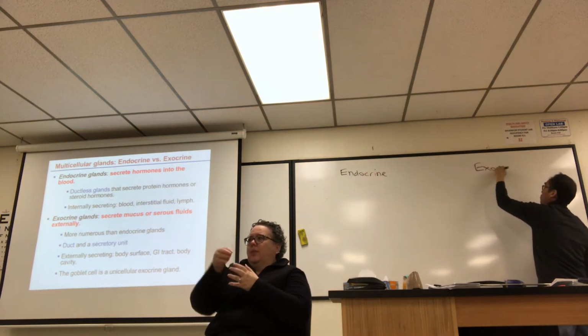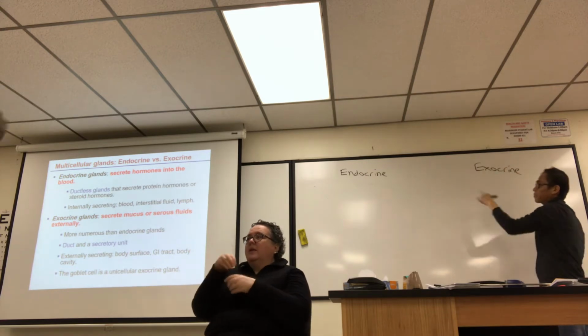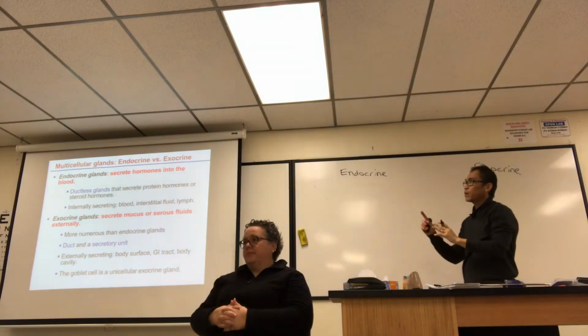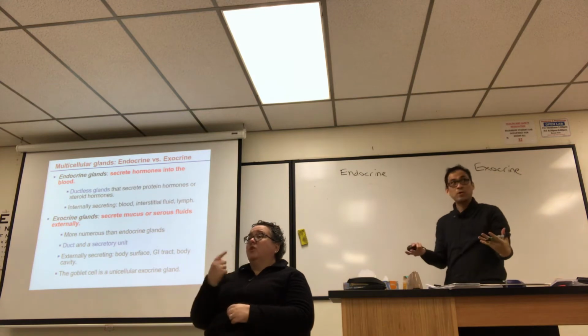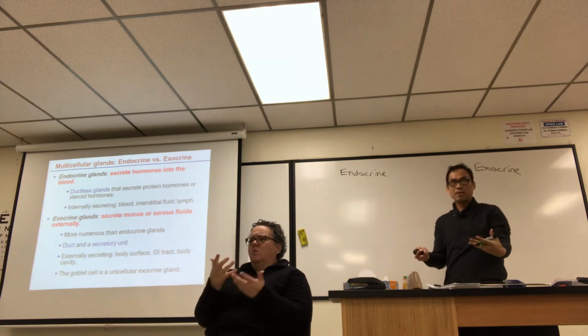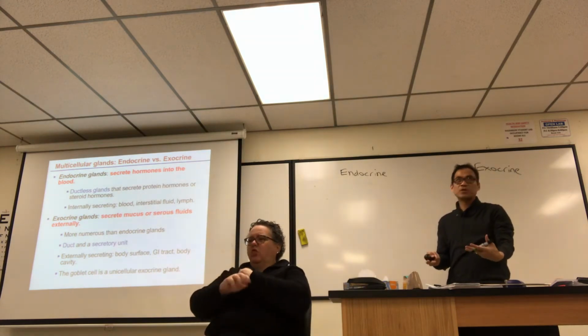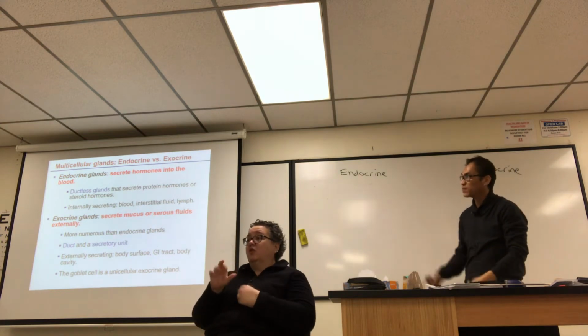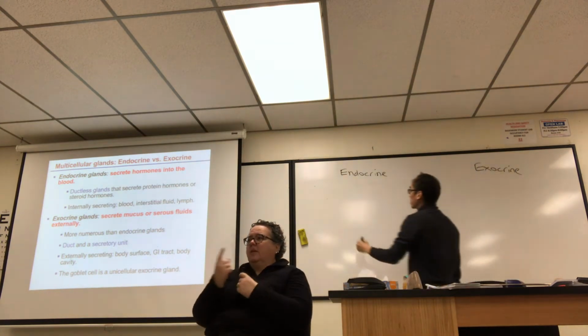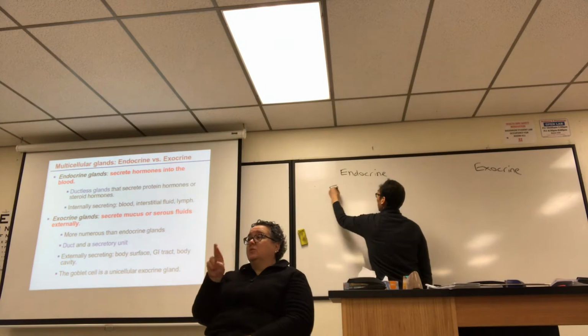Endocrine, exocrine is what I'm writing up here, and just kind of chart out the differences. All right, so first thing is you're a gland. What do you secrete? You're an epithelial cell. You have a glandular function. You're going to secrete something. So if it's an endocrine gland, secrete hormones into the blood.